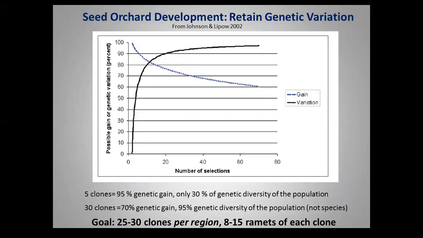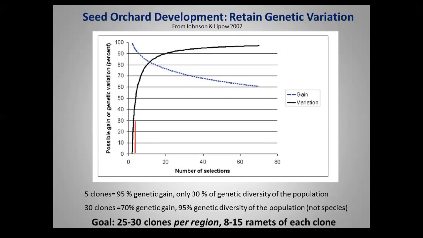This slide is just showing the impact of an increasing number of selections on the x-axis on either genetic gain, depicted by the blue line, or genetic variation, which is the black line.